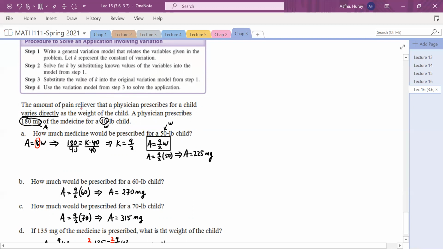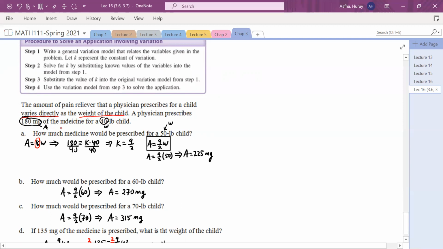The amount of pain reliever that a physician prescribes for a child varies directly as the weight of the child. So as you can see, the variation is direct, which means they have a direct relationship. A physician prescribes 180 milligrams of the medicine for a 40-pound child. So this is W, and this is the prescription.